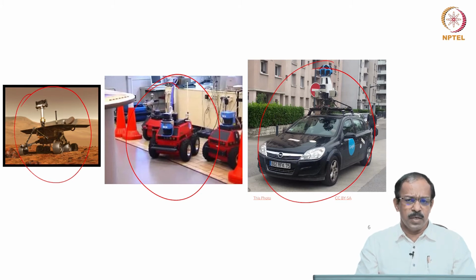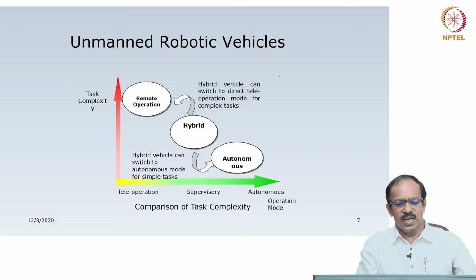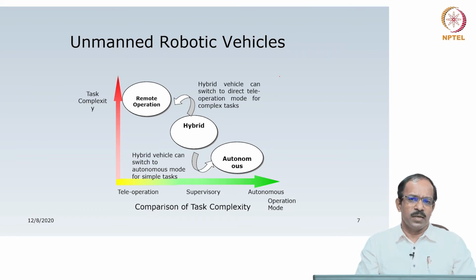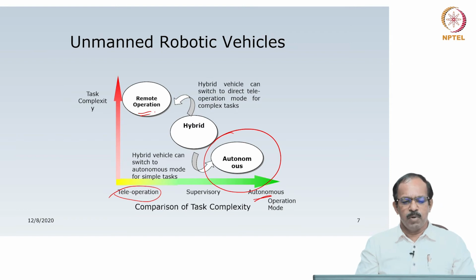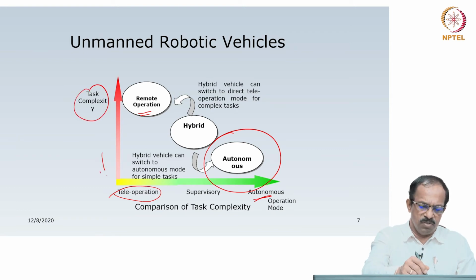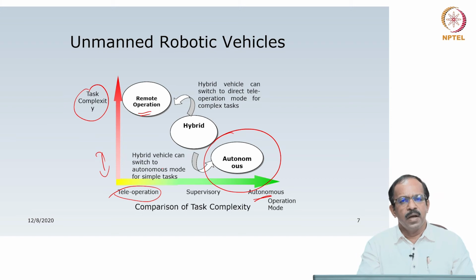But just before going into the sensors, let me tell you the main difference between remote operation and autonomous operation, and why autonomous operation is still not coming to the level we are expecting. As you can see from here, the autonomous robots' autonomy is very high compared to teleoperated or remote operated robots, but the task complexity is very low.